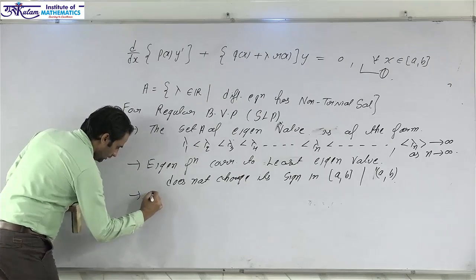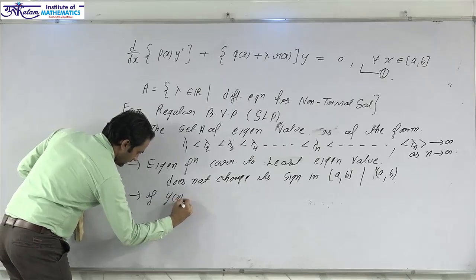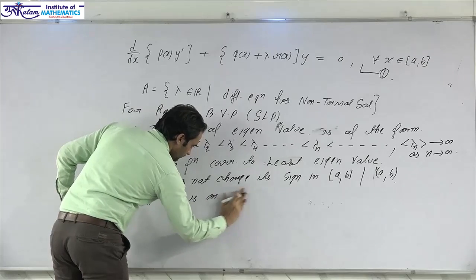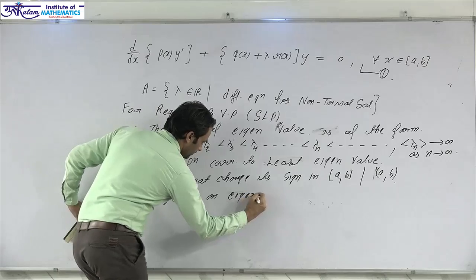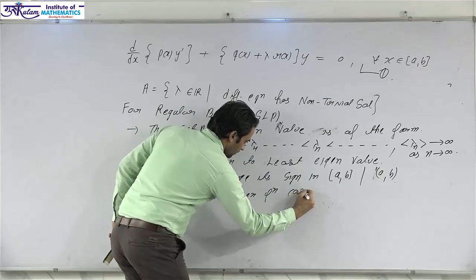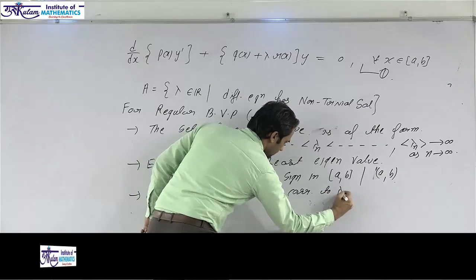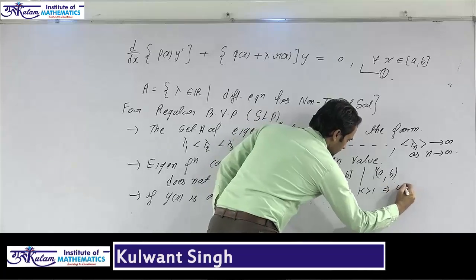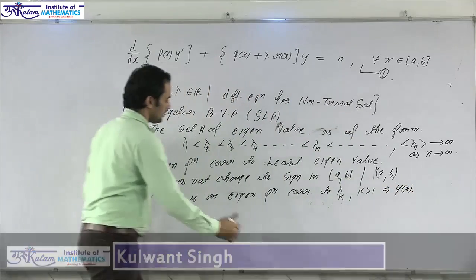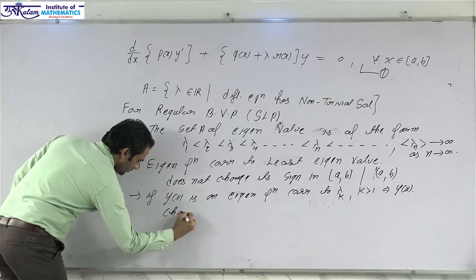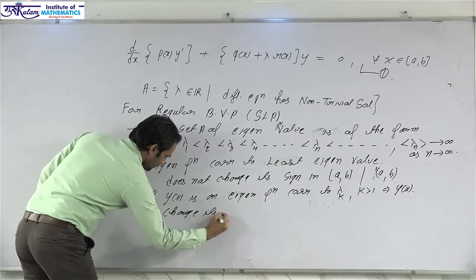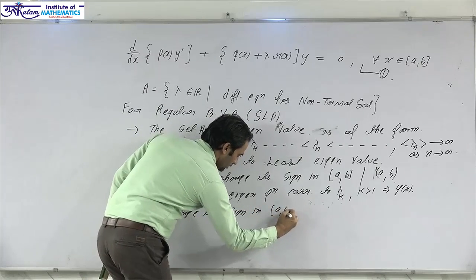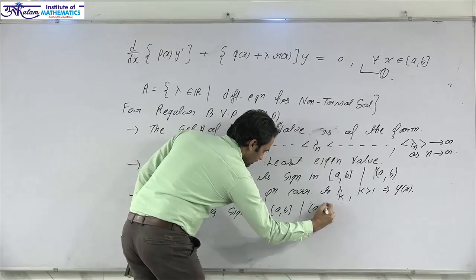And if y(x) is an eigenfunction corresponding to lambda k, where k is greater than 1, it implies y(x) changes its sign in the closed interval AB or open interval AB.